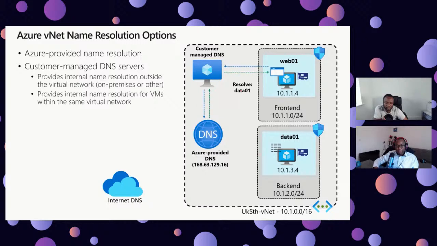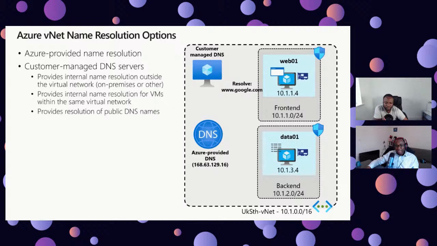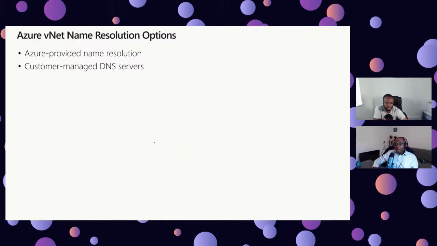And we can use it to provide resolution of public DNS names. So our instances will forward the request to our DNS. Our DNS will forward the request to Azure provided DNS. Azure provided DNS will forward it to the internet, just like what I showed just now. It's going to go that flow, come back.